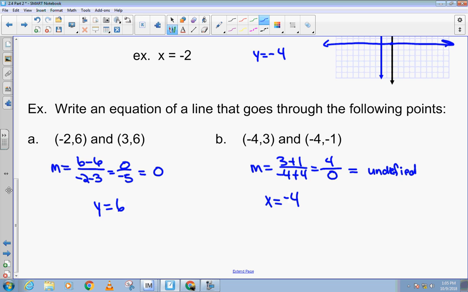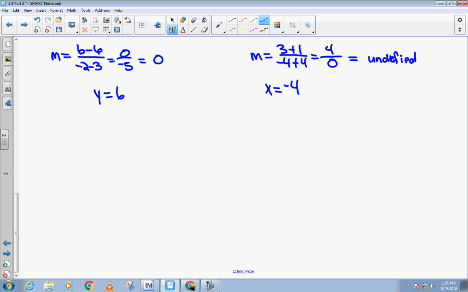I want you to do this one problem by yourself. Come up with the equation of the line for 2, negative 6 and 4, negative 2. You have a line that passes through those 2 points.